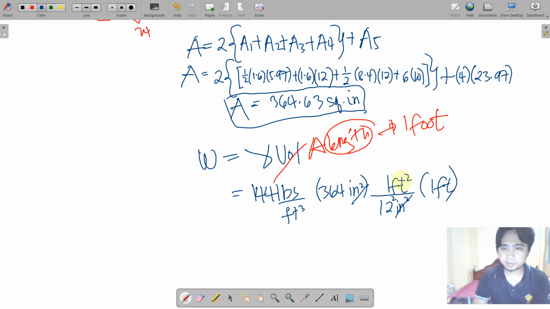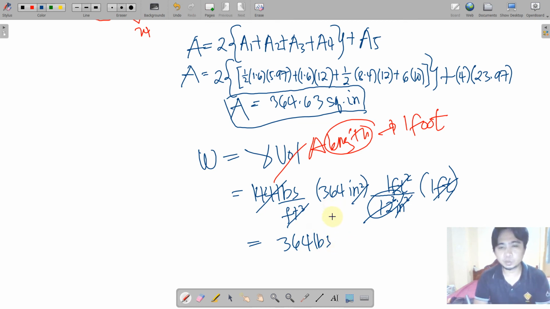So basically all of those now are cancelled. So 144 all over 12 squared. 12 squared is actually 144 also. Can cancel that one. So what is left is 364 pounds. So if we wanted per foot, just divide it by 1 foot. So we come up with 364 pounds per foot.